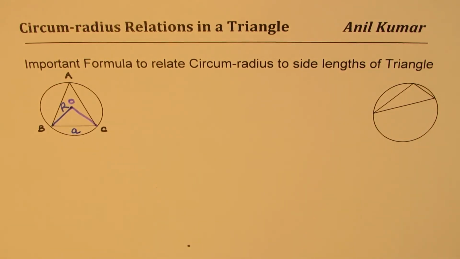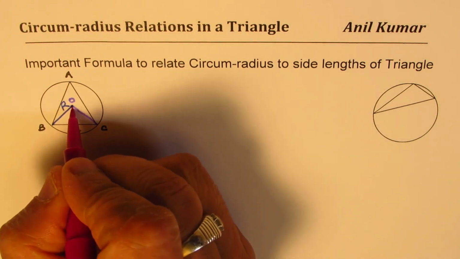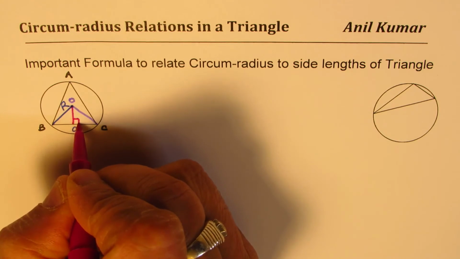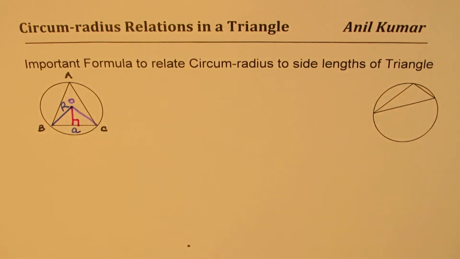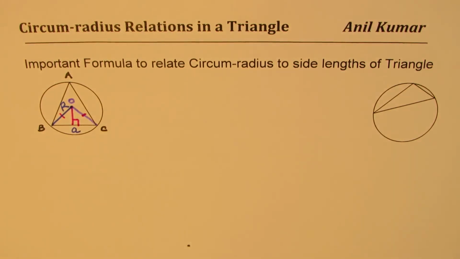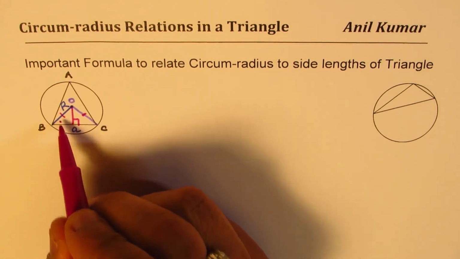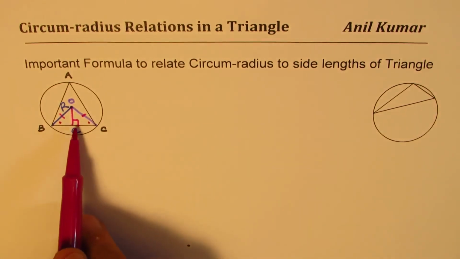Now let us say that I drop a perpendicular from the center to BC. Now since these are the two radii of a circle, they are the same, correct? And therefore we'll have the same angles also here, correct? And we have 90 degrees.